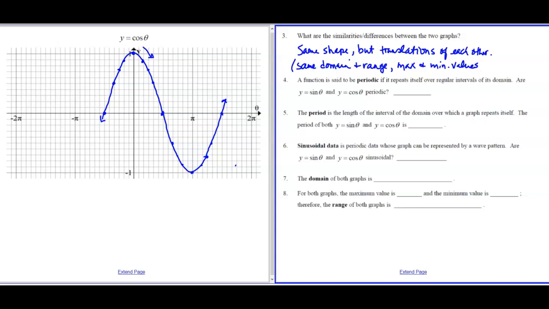The domain and range, max and min values, midline, amplitude, all of those are the same.